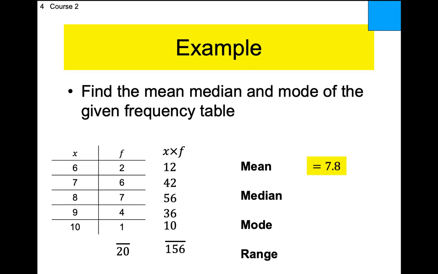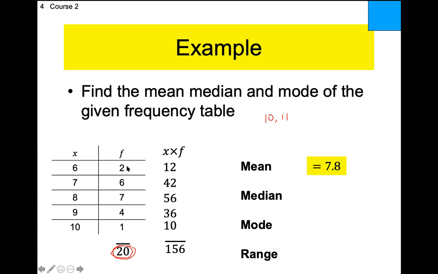To find the median, I take this number, take half of it. Half of 20 is 10. Since it's even, I need the next number as well too. I need the 10th and the 11th number. If it was odd, I don't need to do that. I just pick the next number. How do I find the 10th and the 11th number?